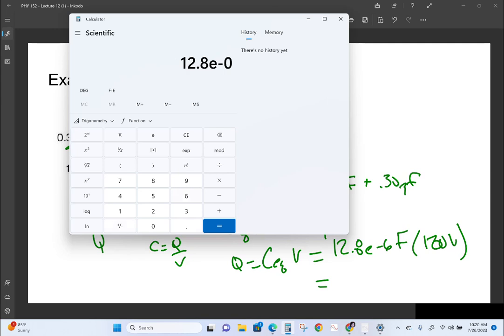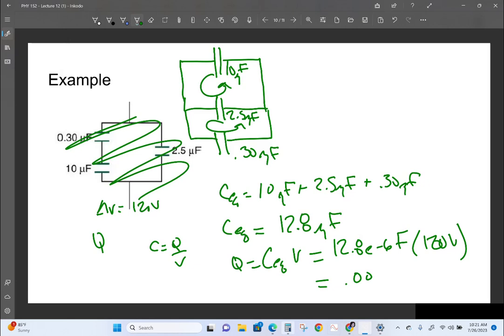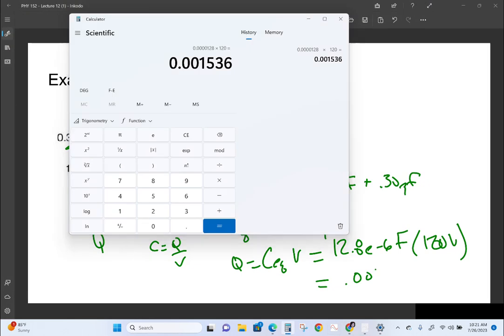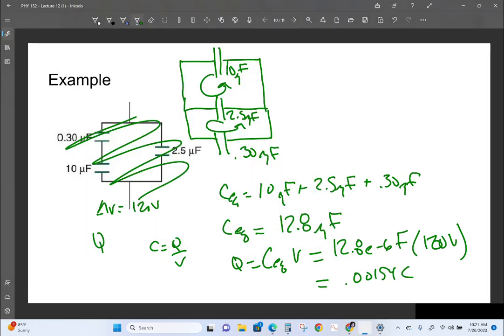So this could hold a charge of 0.00154 coulombs.